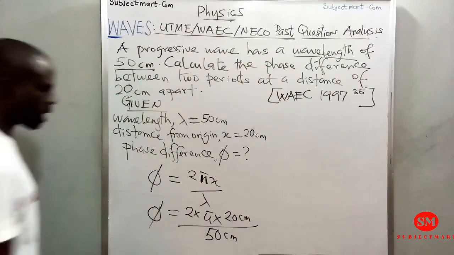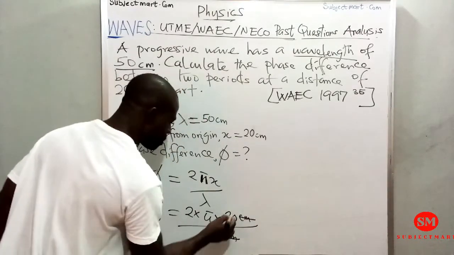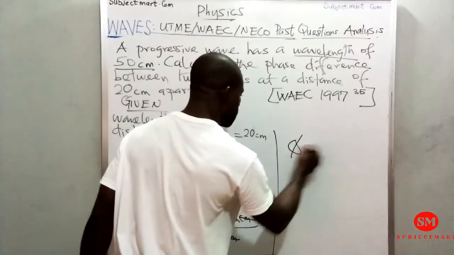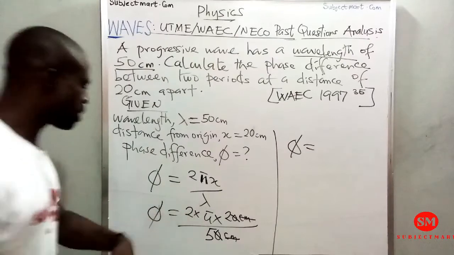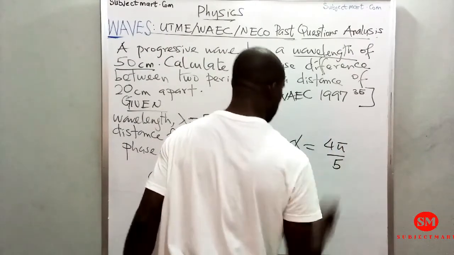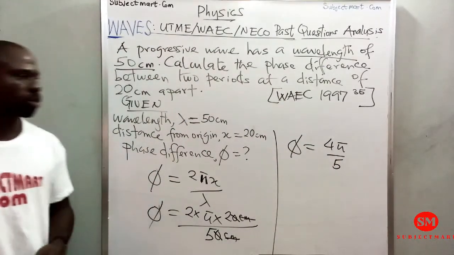Let's cancel. Cm cancels cm, 0 cancels 0, and therefore at last we have phase difference as 2 times 2 is 4 pi all over 5. That is the phase difference between these 2 points.